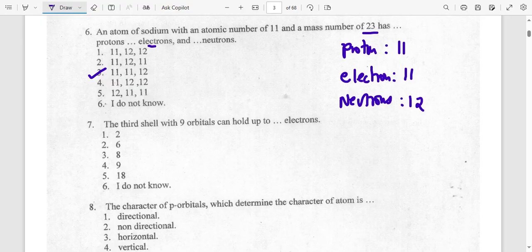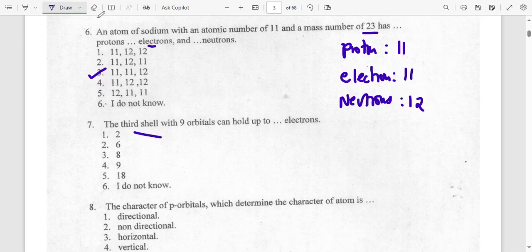Number 7. The third shell with 9 orbitals can hold up to dash electrons. If you don't understand this question well, you'll not be able to answer it.